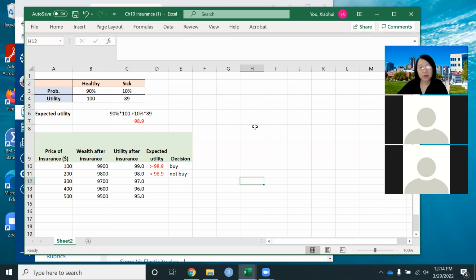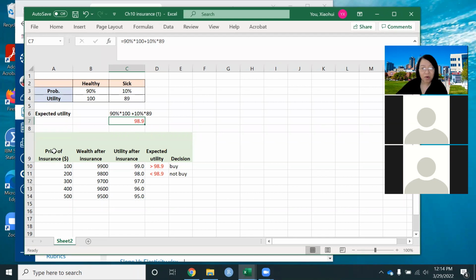So then how can you do it? Calculate the expected utility. Just 90% probability times 100 utility plus 10% times the utility of 89. And then you get this value, 98.9. So this will be your expected utility.